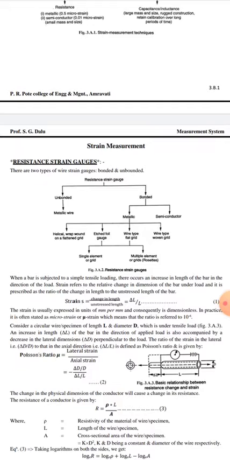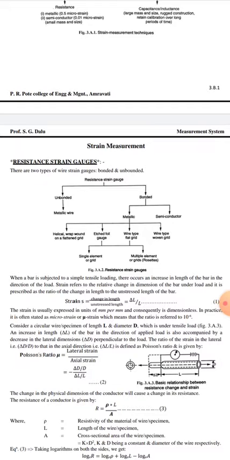So strain is a dimensionless quantity. In practice, it is often stated as microstrain, which means the ratio is referred to as 10 to the power minus 6.